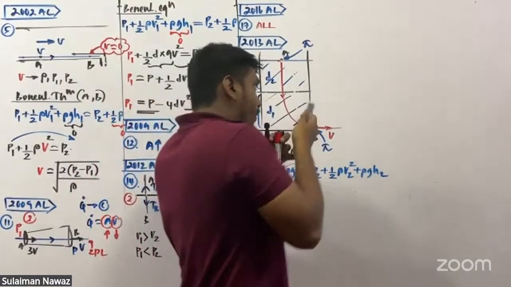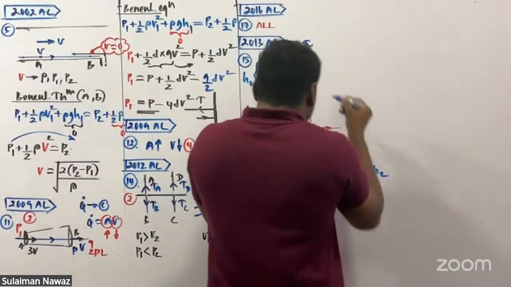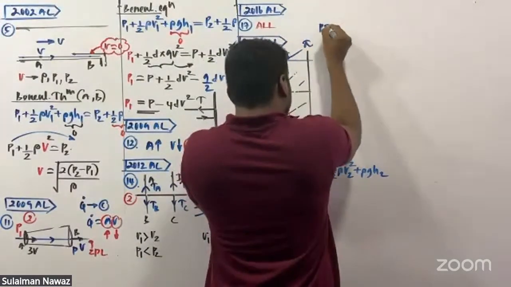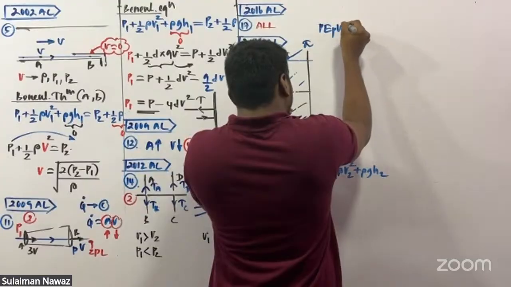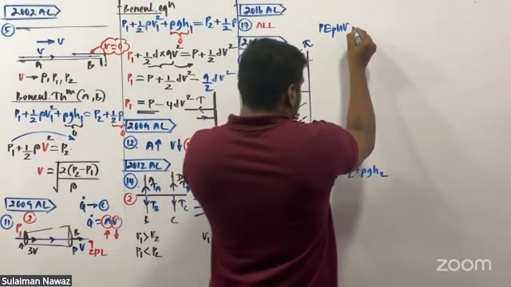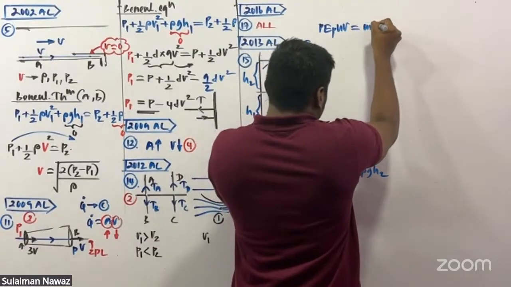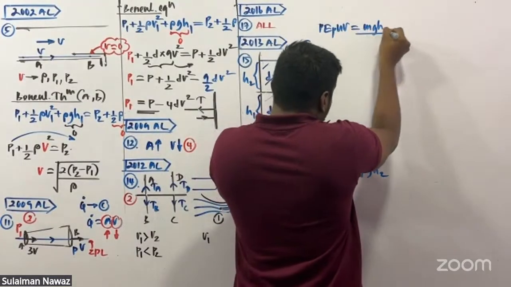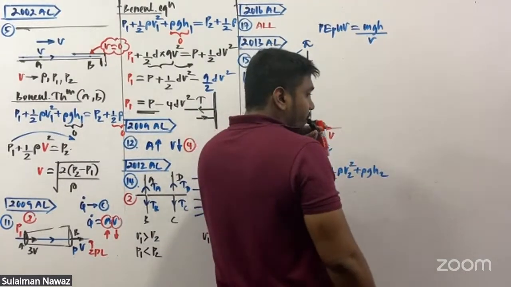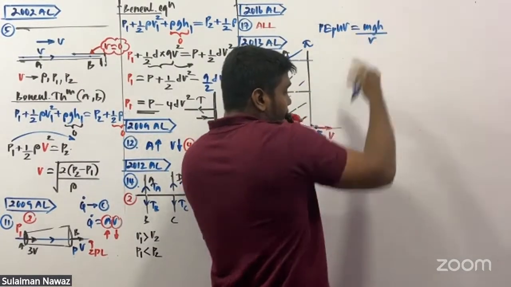We learned in fluid dynamics that when you consider the total potential energy and divide by the volume, this is what we call the potential energy per unit volume.